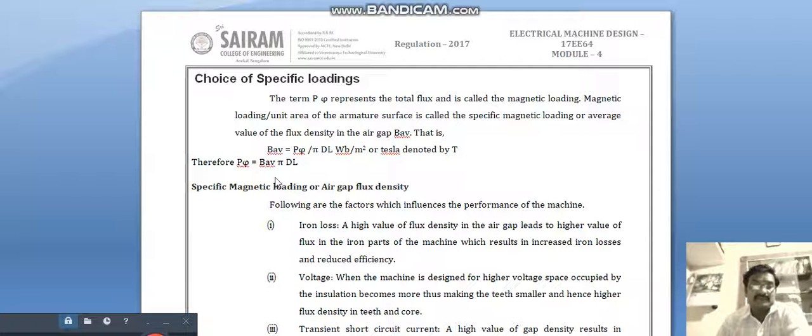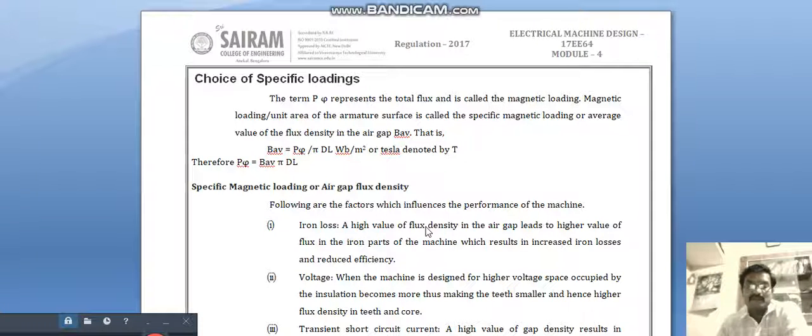Specific magnetic loading. If you go for a high value of specific magnetic loading, what things will occur, and what is the advantage of a high value of specific magnetic loading? These are the things we are going to see in this video. Iron loss.